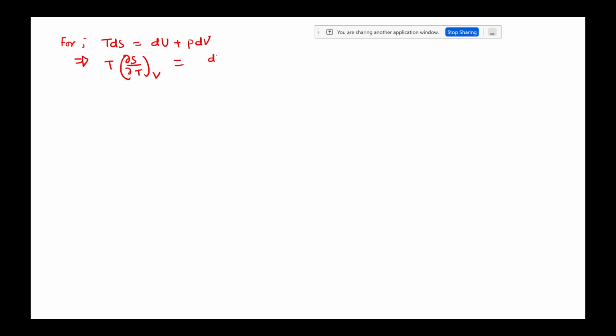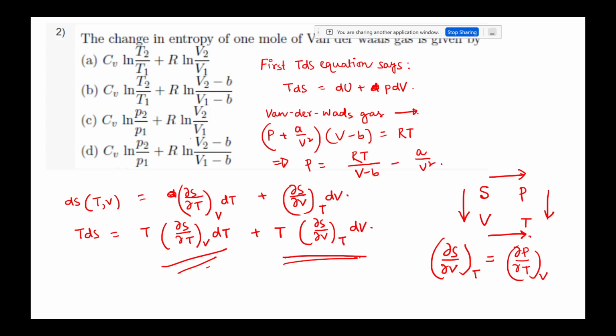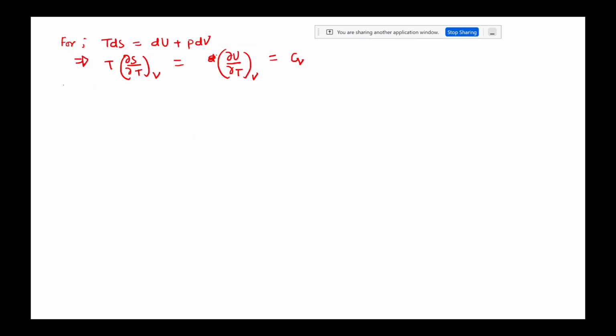So this will be dU, this will be (dU/dT) at constant V. What is (dU/dT) at constant V? This is the heat capacity at constant V, specific heat at constant volume, CV. Now we can just change this and write it in terms of that. So TdS will be CV dT plus T (dP/dT) at constant V dV.